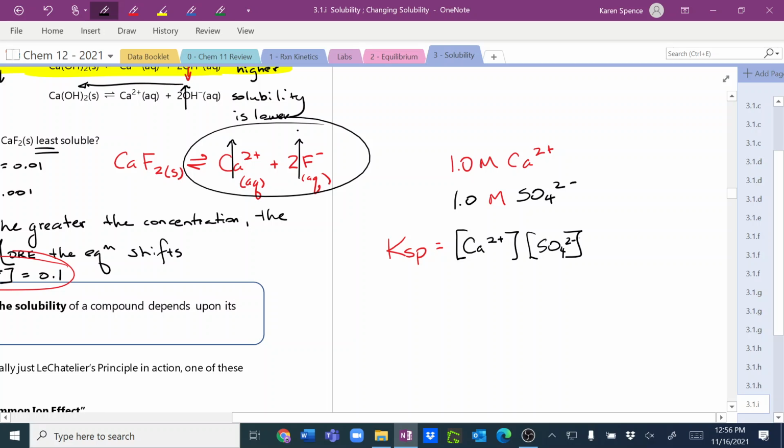So we take this and we say, all right, if I increase my concentration of calcium to, let's say, 2.0, what's going to be the new concentration of sulfate?